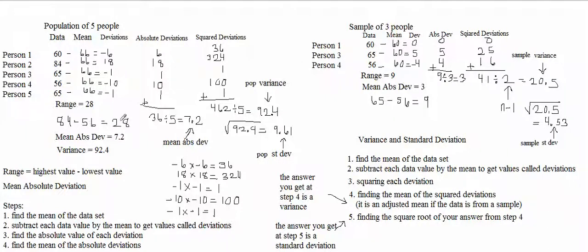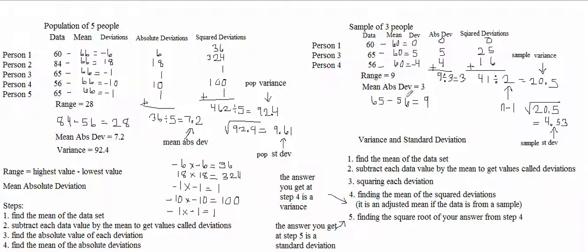Notice how here the mean absolute deviation is 7.2, the standard deviation is 9.61, so they're pretty similar to each other. And over here with a sample, the mean absolute deviation was 3, and the standard deviation was 4.53, so again, they come out to about the same number.